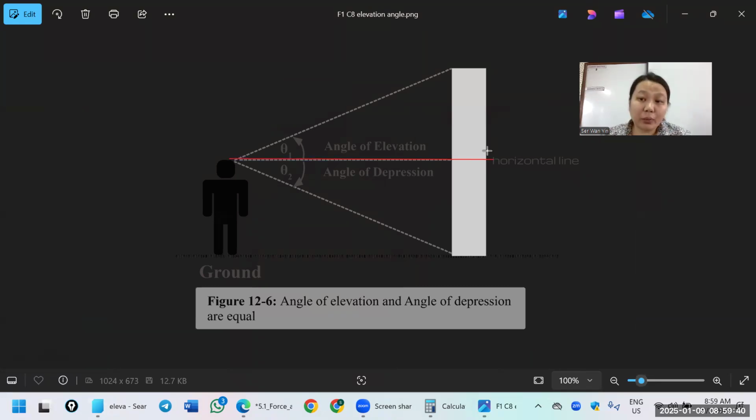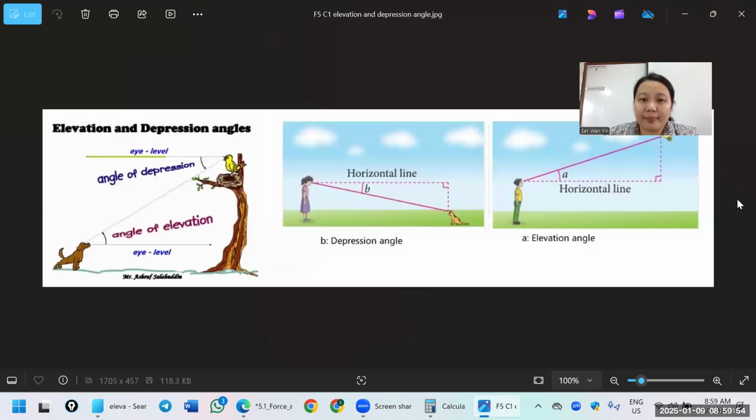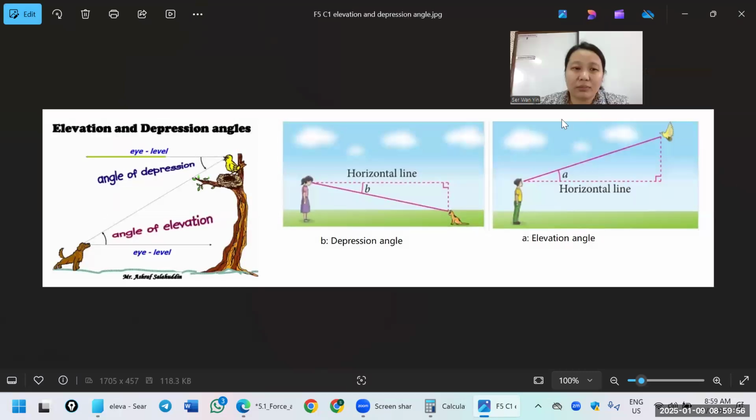So you determine where your horizontal line is first. Then we show elevation up, depression down. For example, if you look at a cat, you look down. So what you should do is draw a horizontal line yourself to determine where the angle is. Elevation, horizontal line.